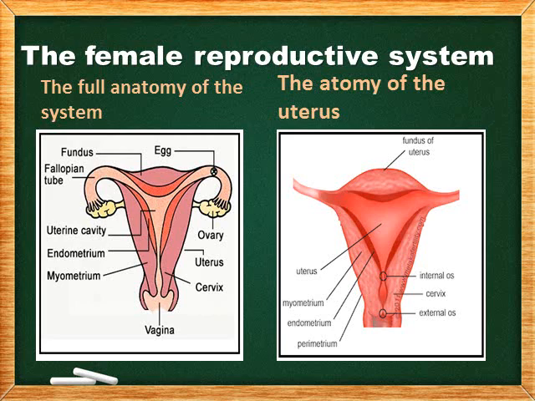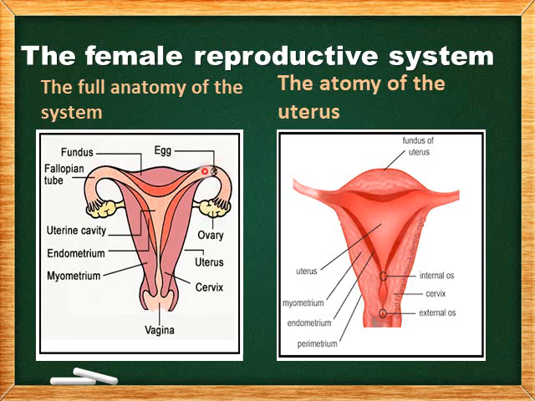First, we have to make a revision for the female reproductive system, and take into consideration each organ and a little revision for its role. The ovary is responsible for the production of the female gamete, the oocyte, in addition to the secretion of the female sexual hormones.